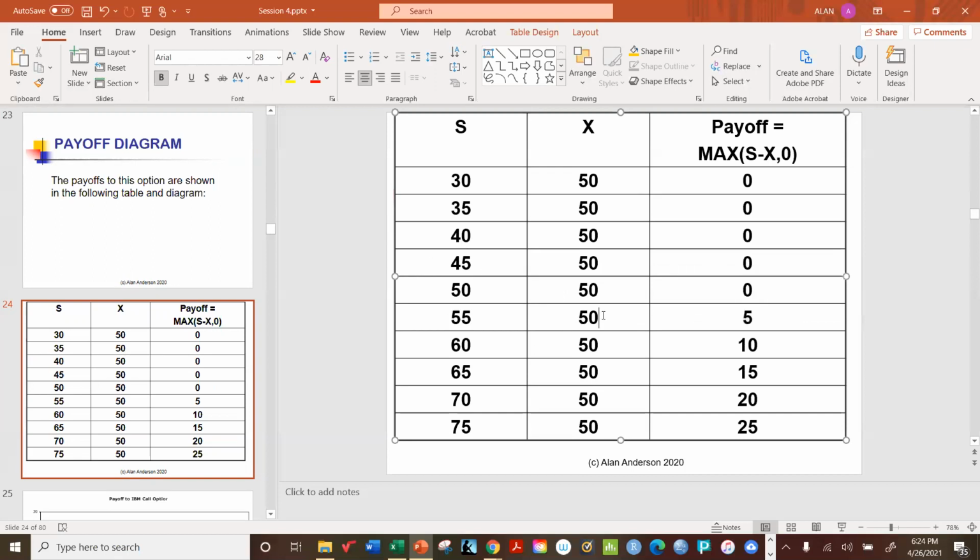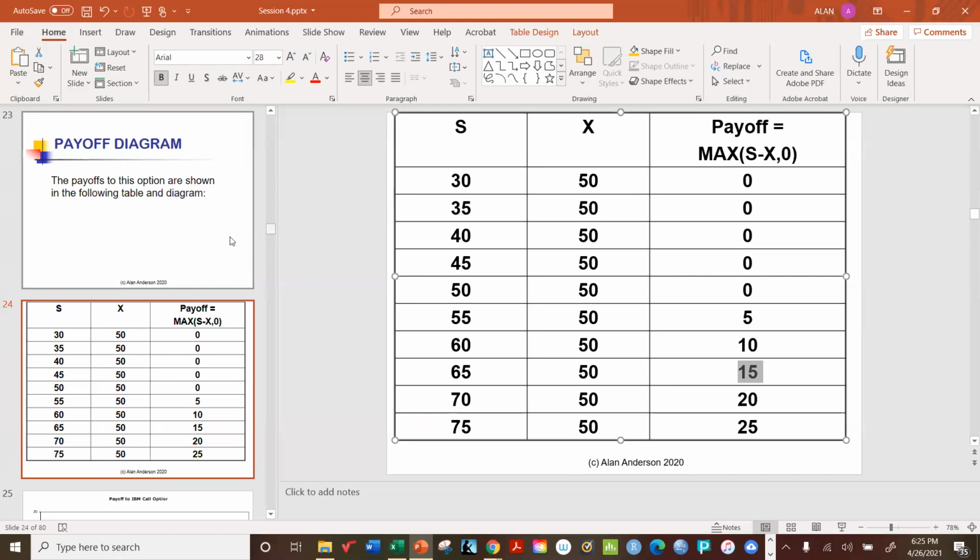So here, for example, the payoff is the difference between these two numbers, which is 5, and that jumps up to 10, 15, 20, 25, et cetera. So you can see from this graph, there's an important pattern that's emerging. And when we graph it, you'll say, oh yeah, that looks right.